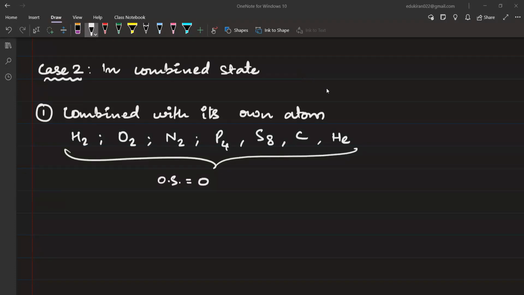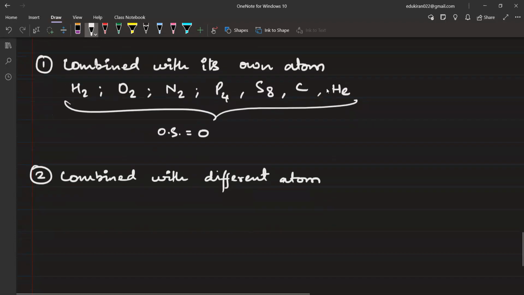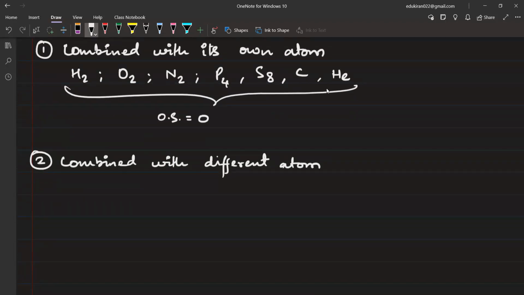Okay. Next is combined with a different atom. Here you have to just remember that when you have compounds formed by the combination of non-metals generally, then the atom with higher electronegativity gets negative oxidation state.